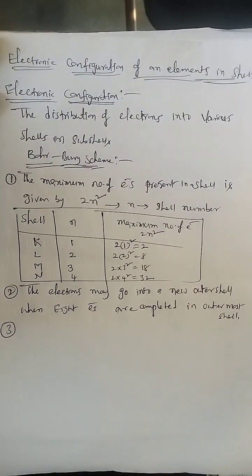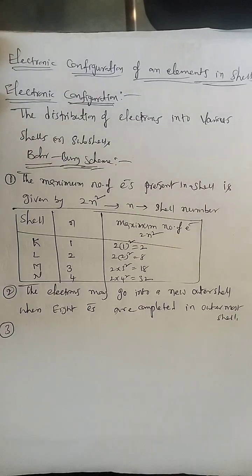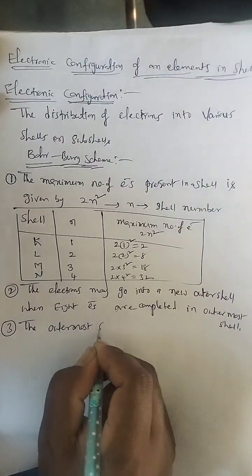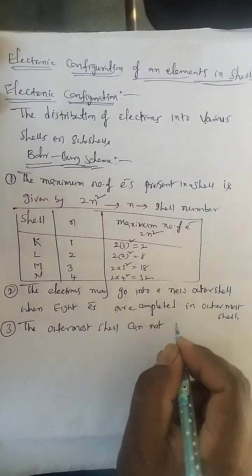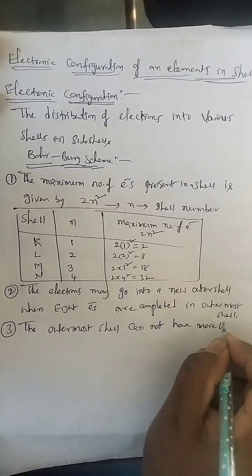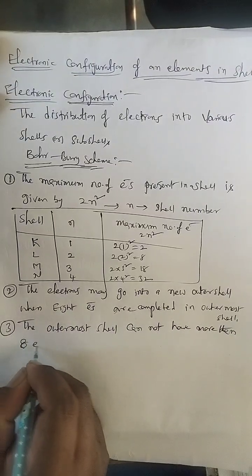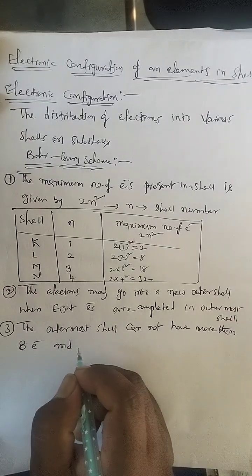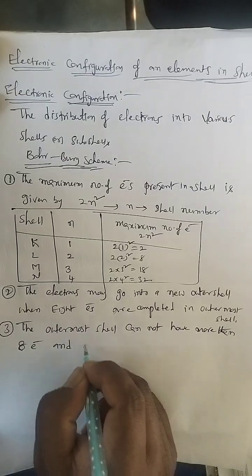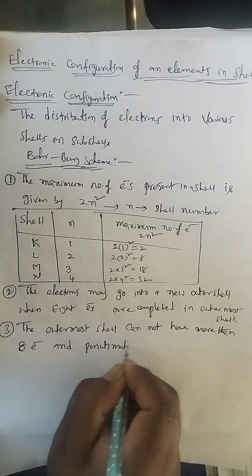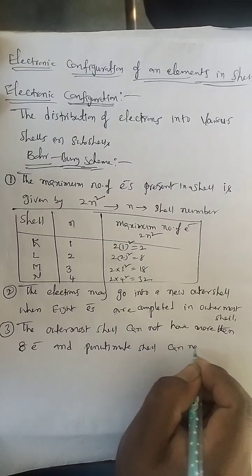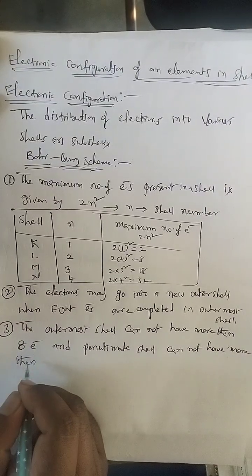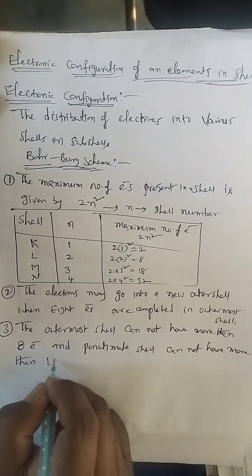Rule number 3: the outermost shell cannot have more than 8 electrons, and the penultimate shell cannot have more than 18 electrons.